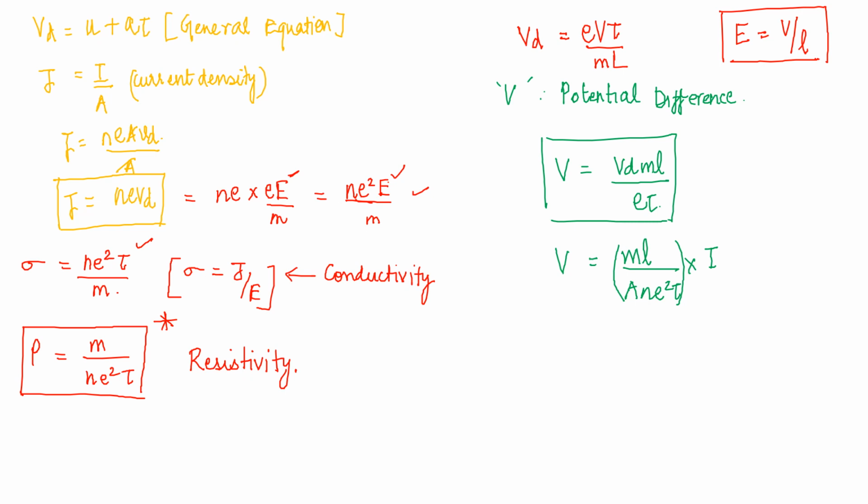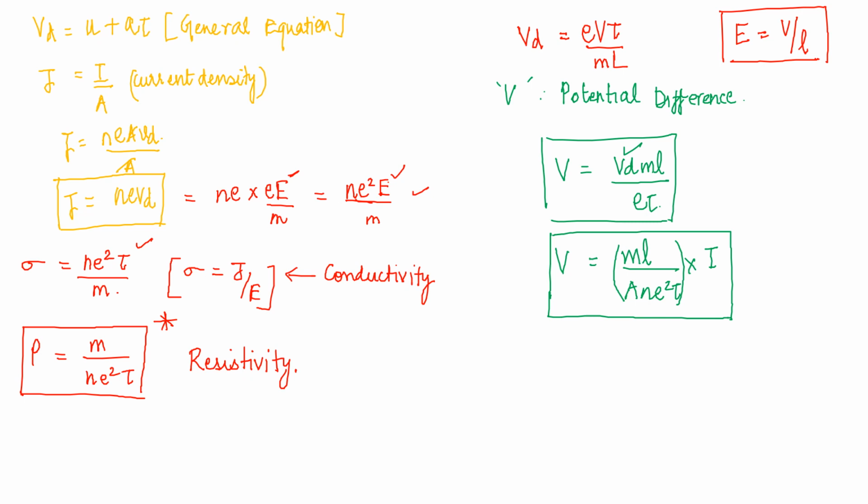We have substituted the value of Vd. Now this is our conclusion equation for the voltage, or the potential difference, across the conductor.